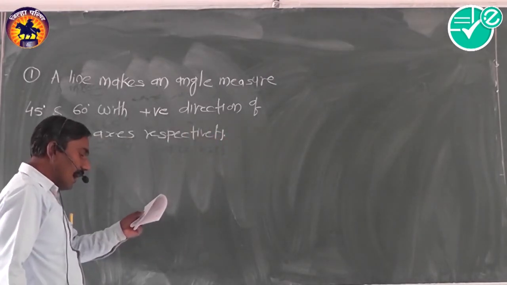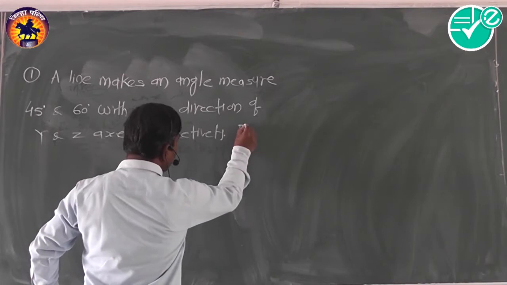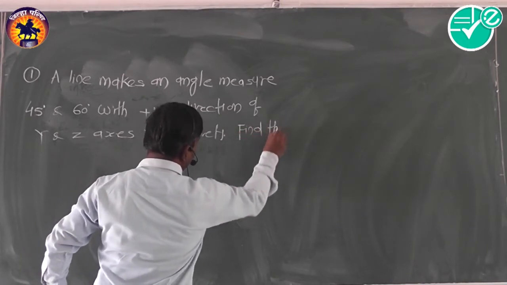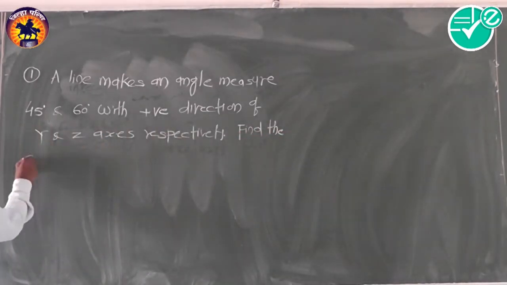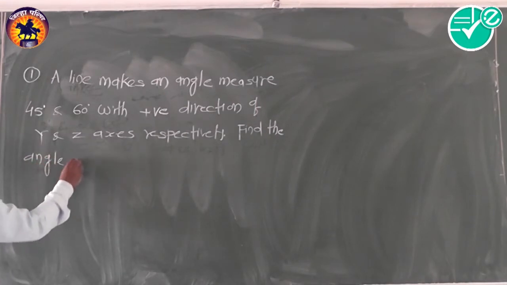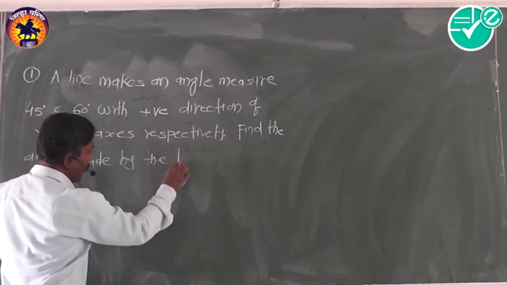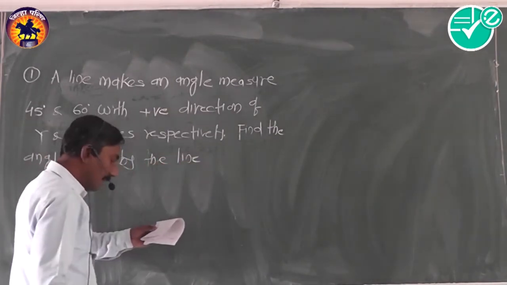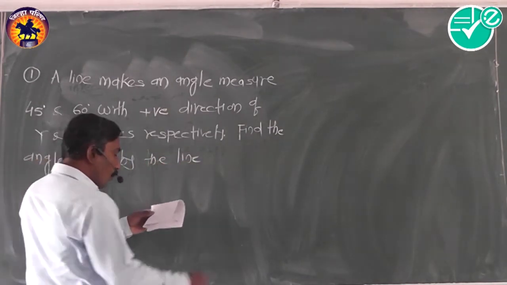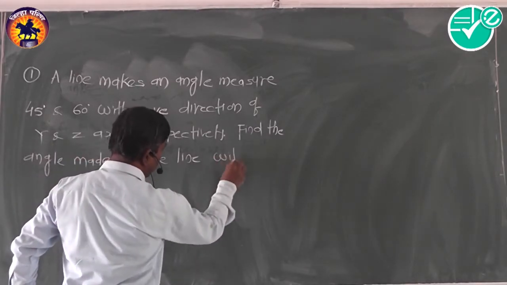Find the angle made by the line with the x-axis.